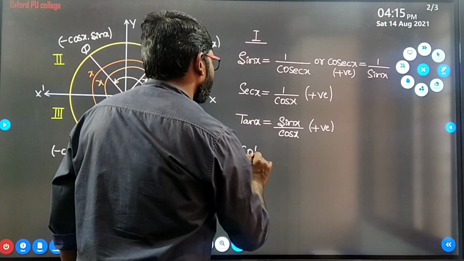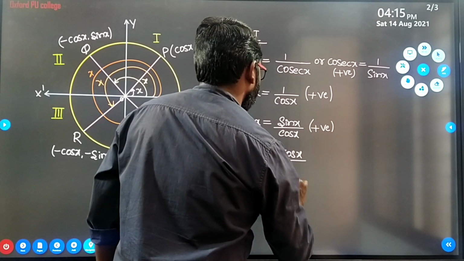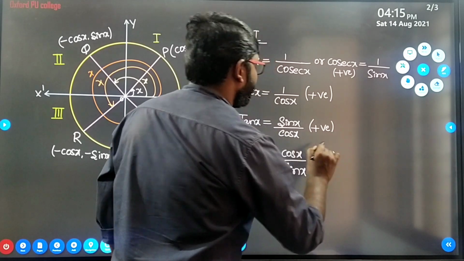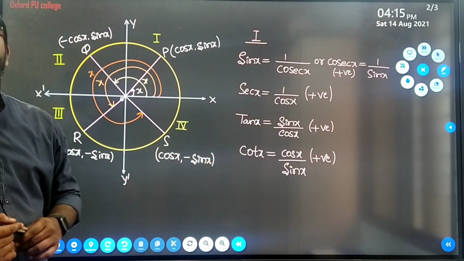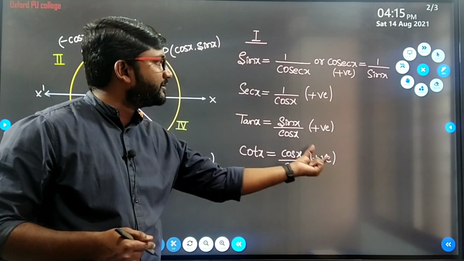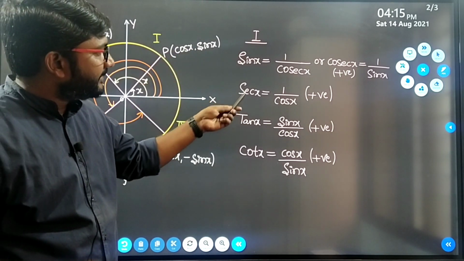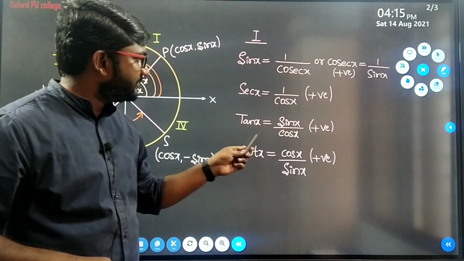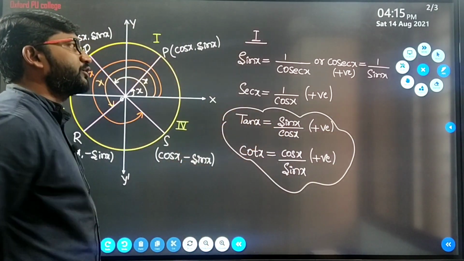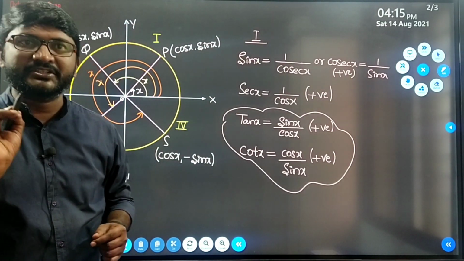Similarly cot x, which is cos x by sin x, will also be positive because both cos x and sin x are positive, so this ratio is going to be positive. So sin x and cos x are positive, secant x and cosecant x are positive. That means tan x and cot x are also positive. All the 6 trigonometric ratios are positive in the first quadrant.